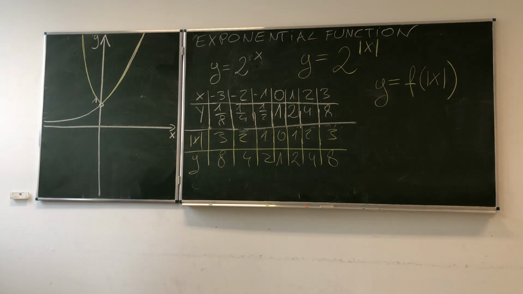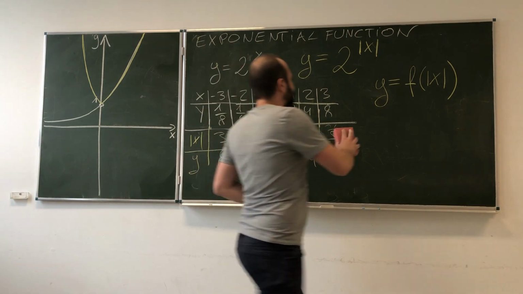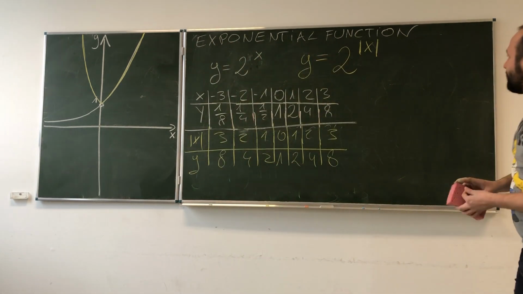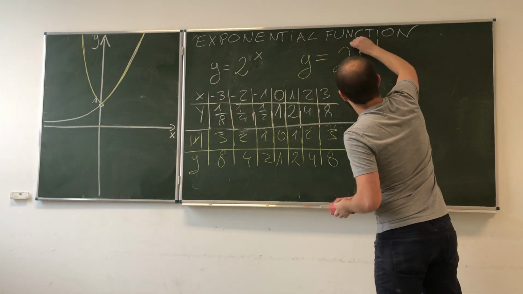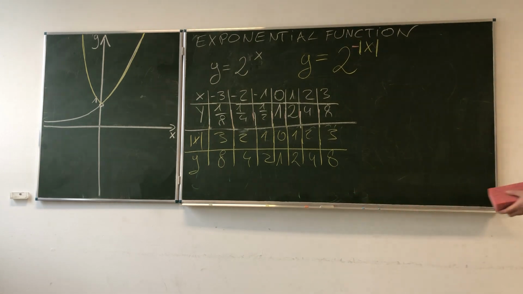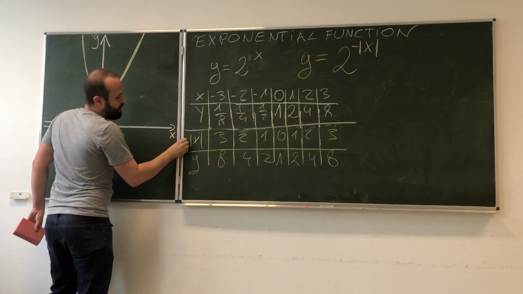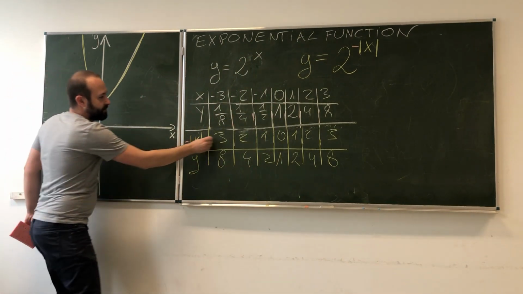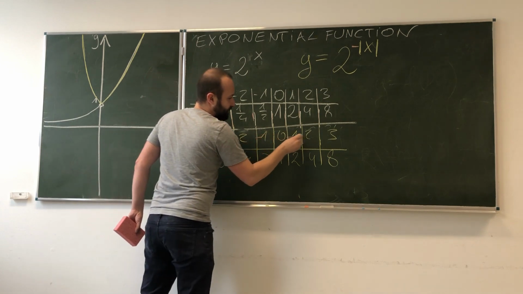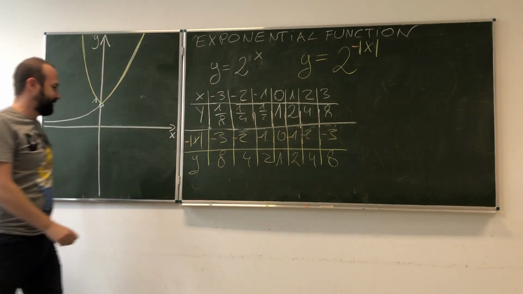Okay, let's make another, let's just say, unusual change. What if to this function I would add a minus? So over here we would have negative absolute value of x. So all those numbers, except for 0, would become negative.